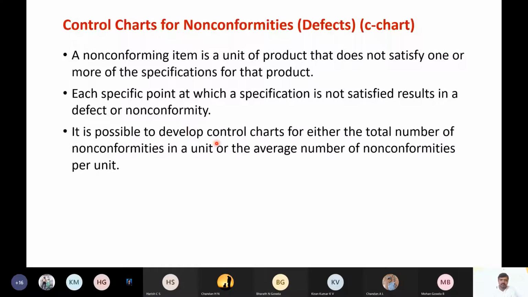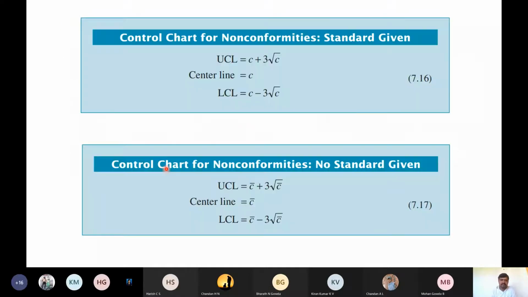It is possible to develop control charts for either the total number of non-conformities in a unit or the average number of non-conformities per unit. These are the equations. Here C is the standard value, that is, the number of defects. If it is given as a standard, then you can make use of this equation.